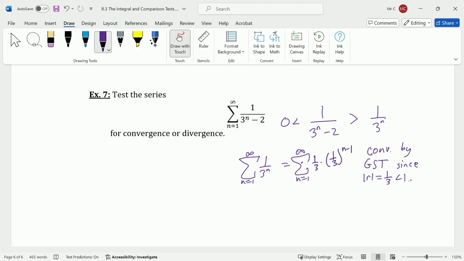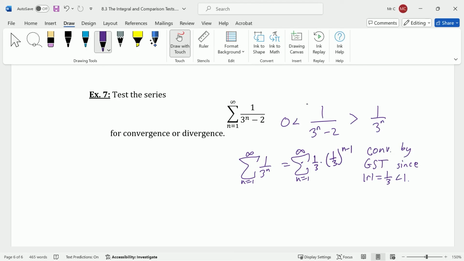So what's the problem here? The problem is that this term, 1 over 3 to the n minus 2, is bigger than 1 over 3 to the n. So knowing that the sum for 1 over 3 to the n is finite doesn't tell me anything about a larger series. So I can't make any conclusion using the comparison test here.